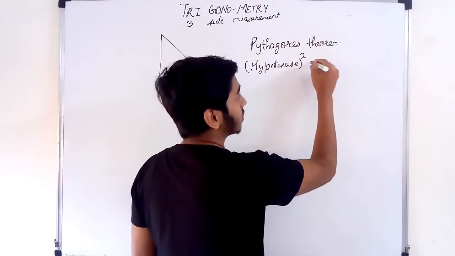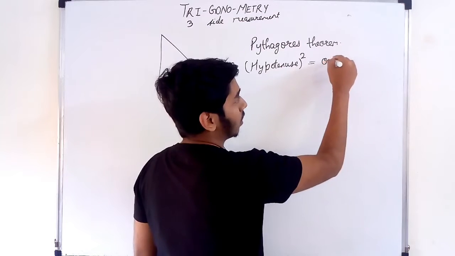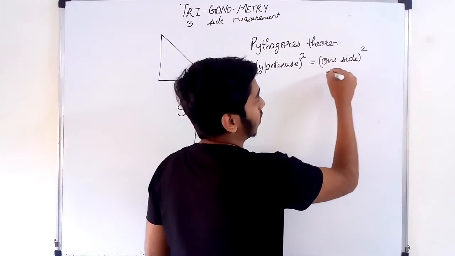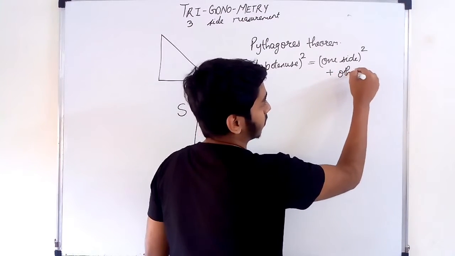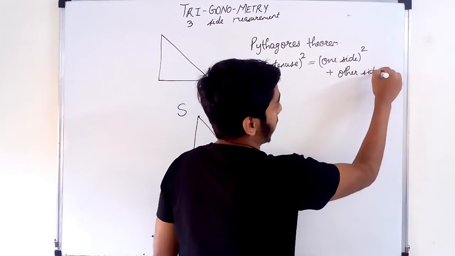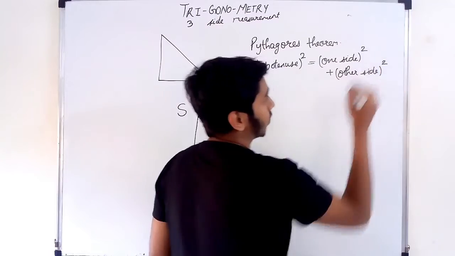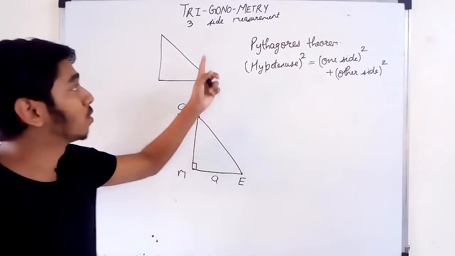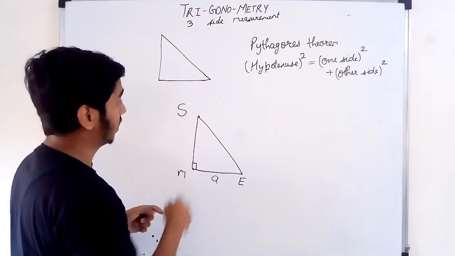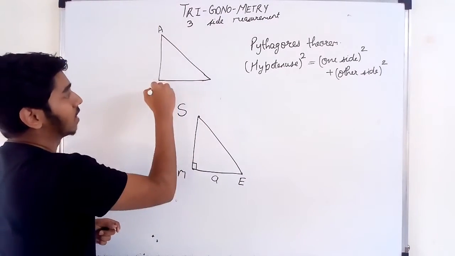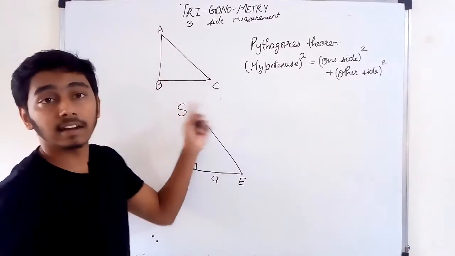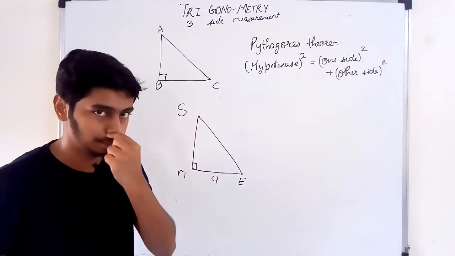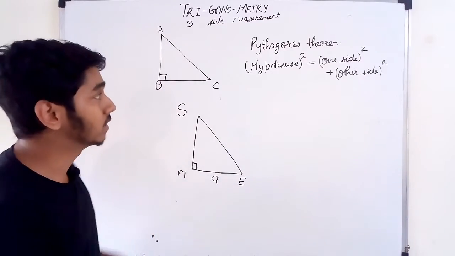Hypotenuse square is equal to one side square plus other side square. Yes or no? That means if you want to apply Pythagoras theorem, let's say this is A, B, C, any triangle with angle B as 90 degree. Okay, so I hope you are understanding this.